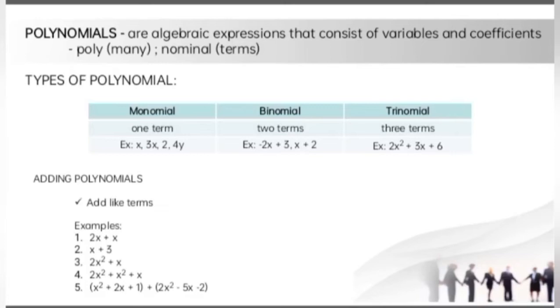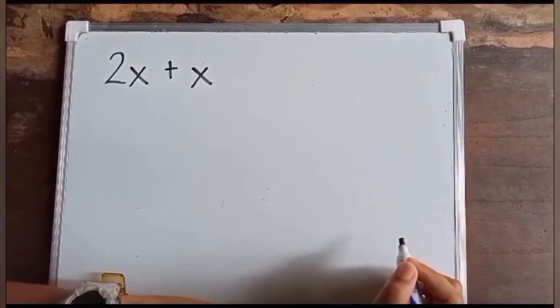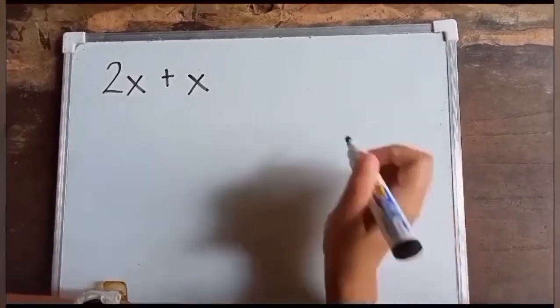So, in adding polynomials, you only have one rule. Add the like terms. Now, let's answer the following examples so you can further understand adding polynomials. For adding polynomials, we have here the example 2x plus x.